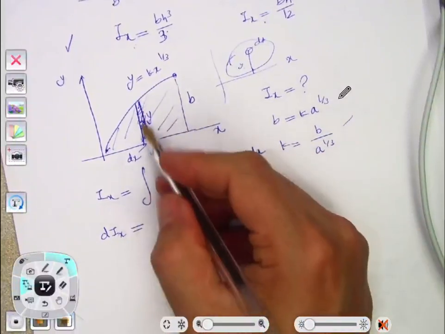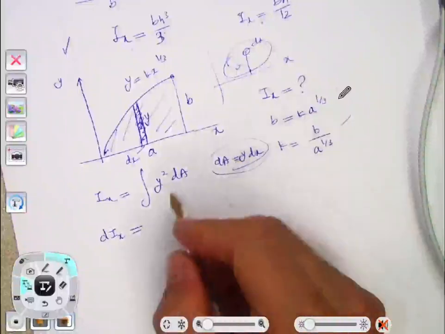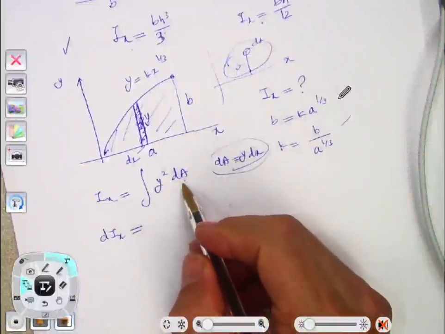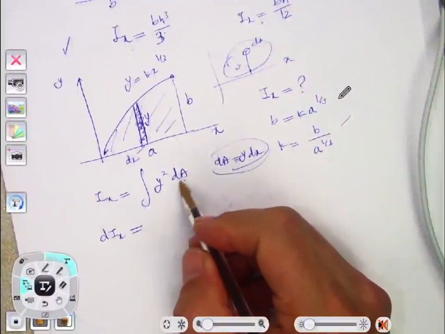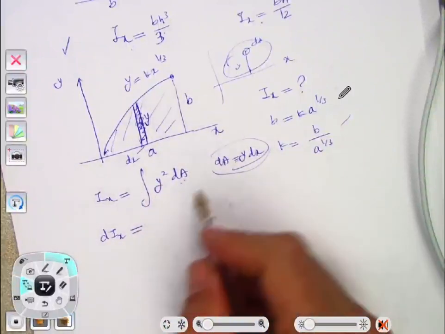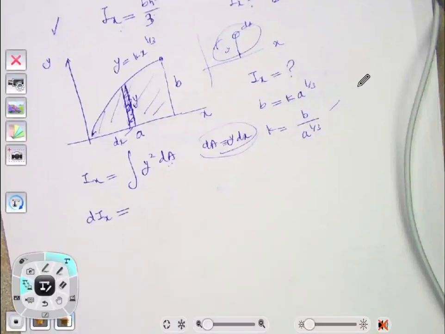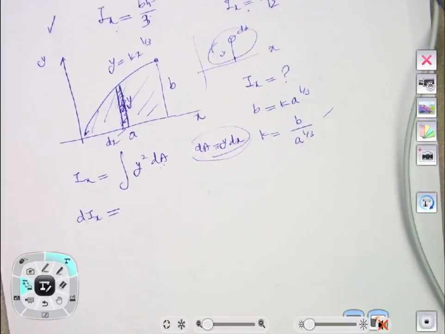You see what type of differential element I'm using. By doing this, I'm going to avoid taking a double integral. Technically, by definition you have to take a double integral, but by this trick, you can do all problems without taking a double integral.